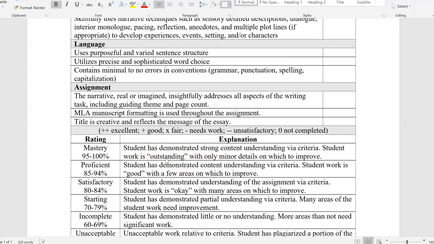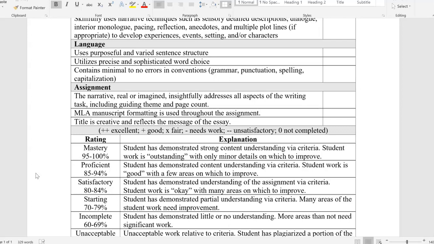Satisfactory, and notice, before I move on to satisfactory, how big the proficient scale is. It's a B+, A-. It's a pretty large range there, but that's because we will have various levels of what's good and what's not.